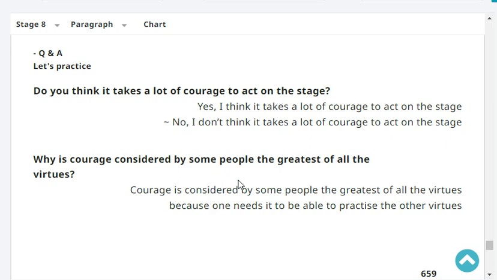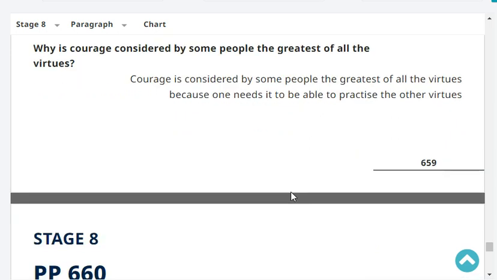Courage is considered by some people the greatest of all the virtues because one needs it to be able to practice the other virtues. Very good.